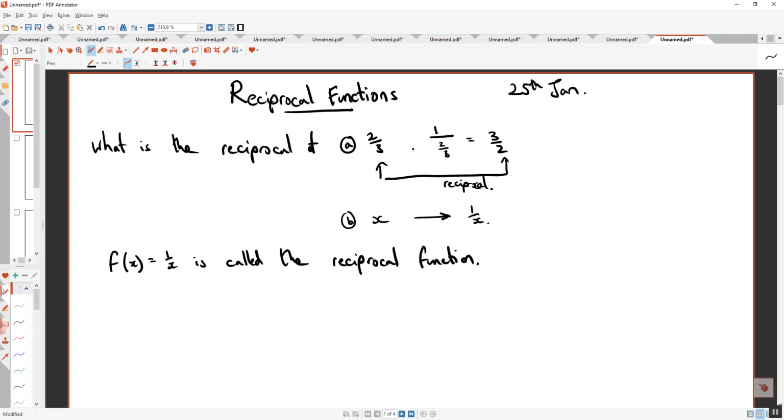All right, now, what happens to f of x equaling 1 over x as x gets closer to 0? What happens to our function?